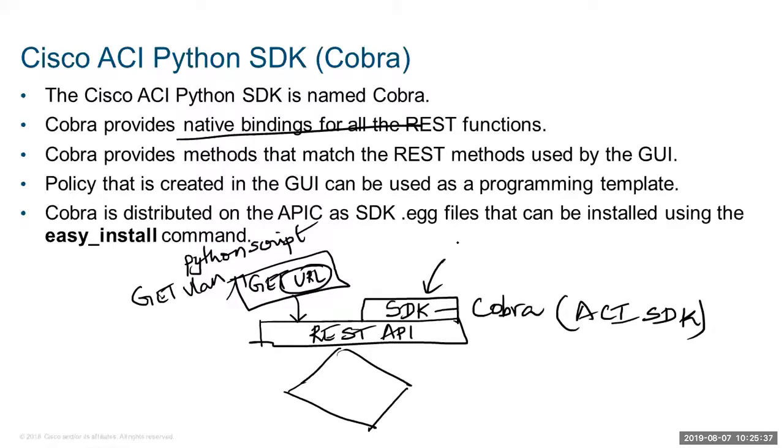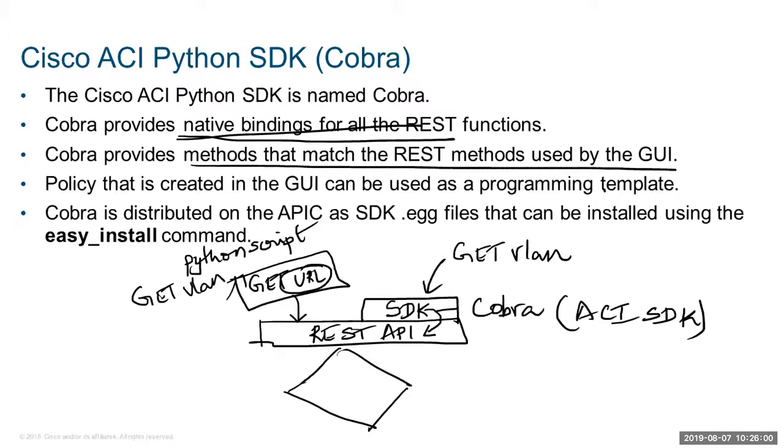Essentially, my Python script would say get VLAN, and the software development kit will convert it into the required URL. Cobra provides the methods that match the REST methods used by the GUI.